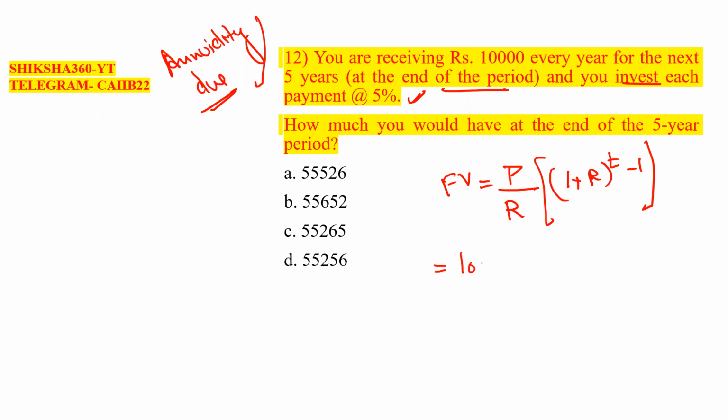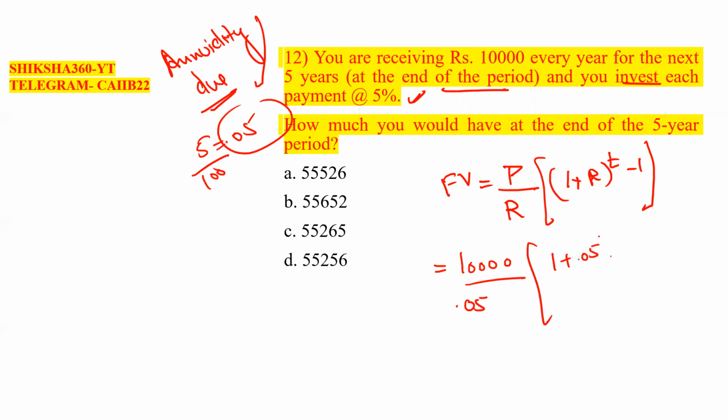R is equal to 0.05, because it is 5%, so 5 upon 100 comes out to be 0.05. 1 plus 0.05, power 5, minus 1. So it comes out to be 10,000 upon 0.05 into (1.05 power 5 minus 1).